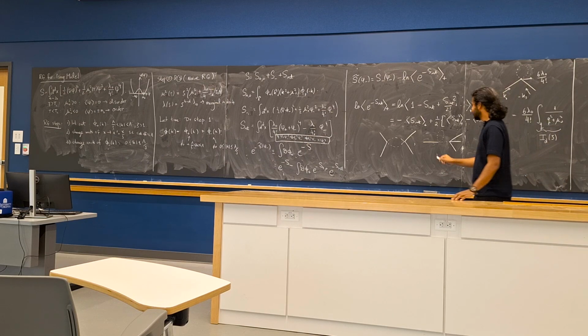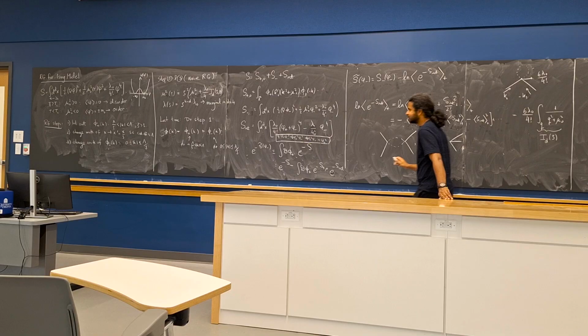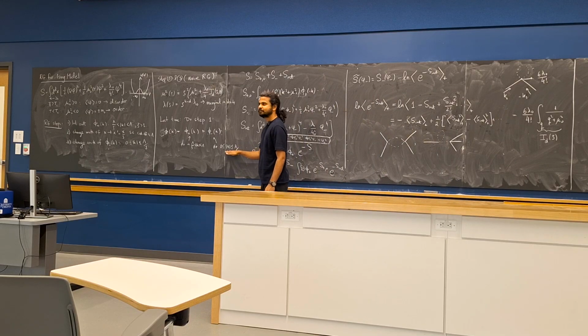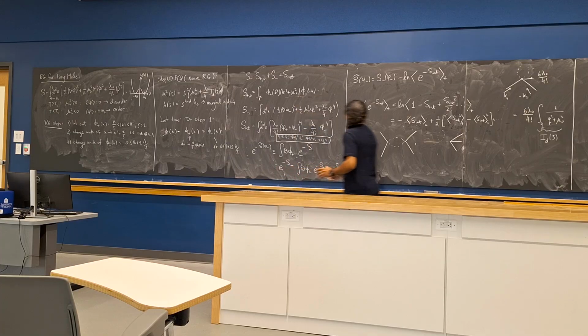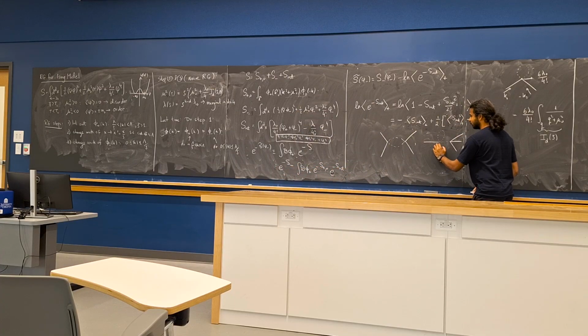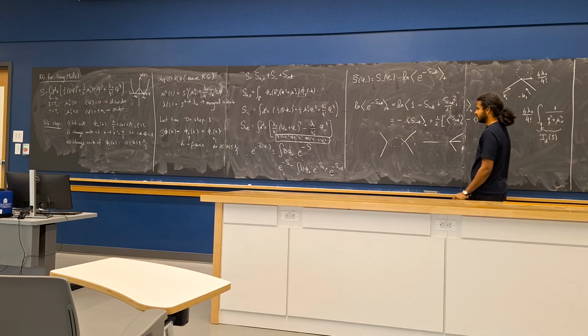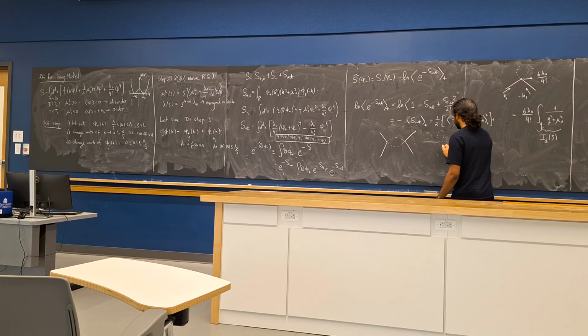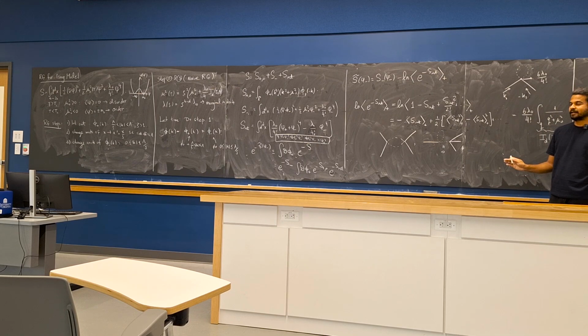Exactly. So this solid line must have momentum in this region, but the dotted line has momentum in that region. So the momentum conservation imposes that this line has the same momentum as this line, which is never possible. Right? This line and this line must have the same momentum. They come into each other, so they cancel. So this diagram is just 0. And there are no other connected diagrams.